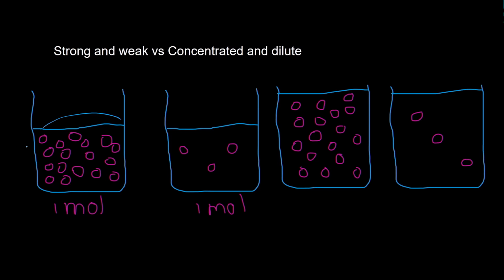And you can see here that the number of ions in solution is high. So it will be a high number of ions in solution for a strong acid or base. In 1 mole of a weak acid or base, you can see that there are very few ions in solution. The number of ions is very low because the dissociation and the ionization is incomplete.